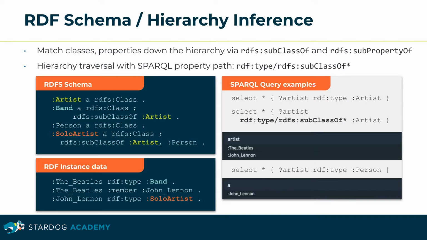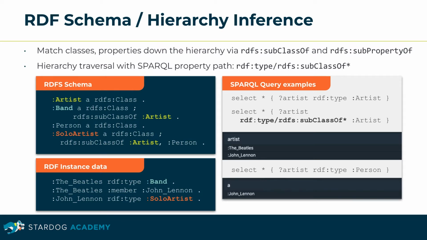The information implied by schema hierarchies allow your queries to be less precise about the type of resources and their relationships. Such you may query for the more general types of resources or relationships, and the inference will also match any derived classes and properties down the hierarchy by traversing the predicates rdfs:subClassOf and rdfs:subPropertyOf.